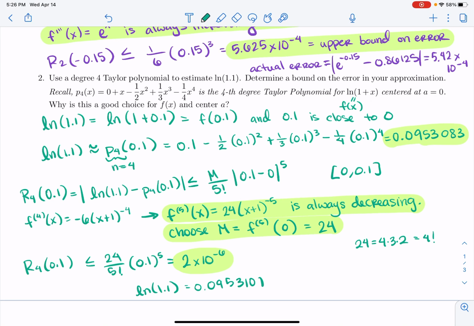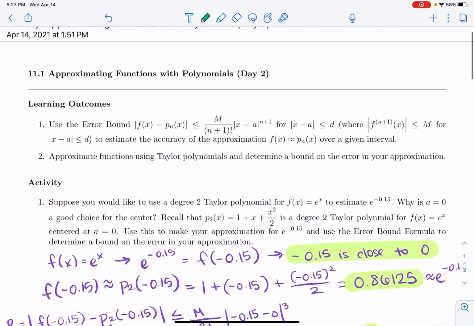If I subtract our result that we got, 0.0953083, from ln of 1.1 on my calculator, I get the actual error is equal to 1.88 basically times 10 to the minus 6, which is indeed less than 2 times 10 to the minus 6, as guaranteed by the Taylor polynomial remainder theorem.